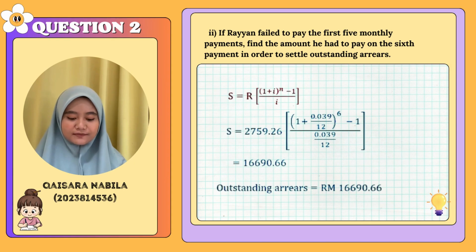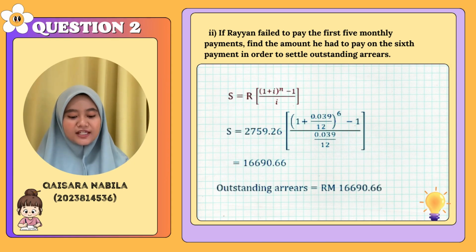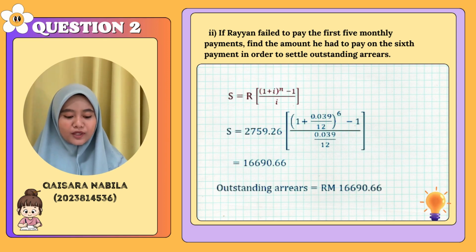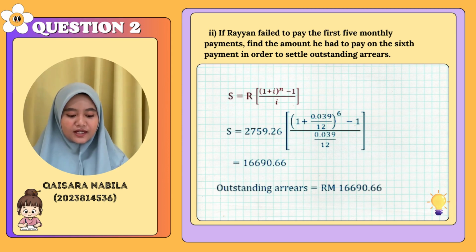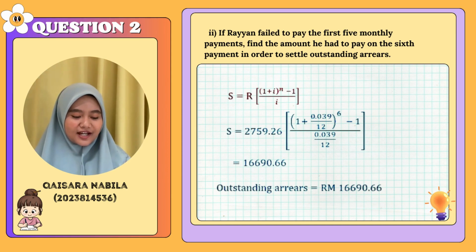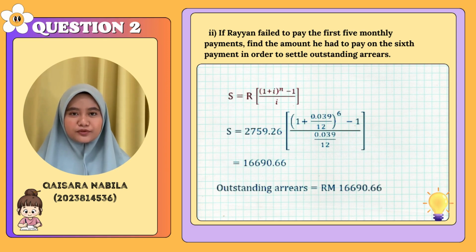They asked to find the amount he had to pay on the 6th payment in order to settle the outstanding arrears. So we use this formula S equals R((1 + i)^n minus 1) per i. So we just put the answer into the formula and we get the final answer.